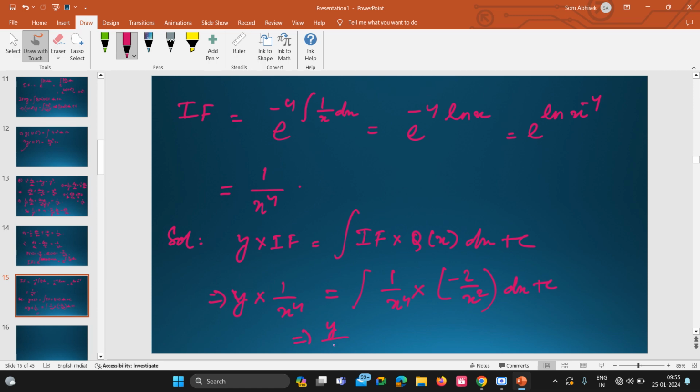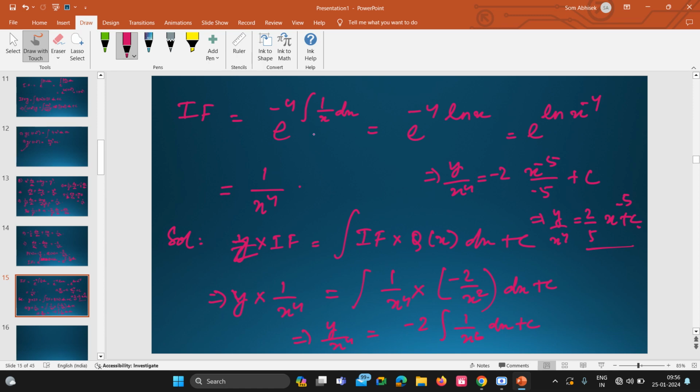So y by x fourth is equal to minus 2 times the integral of 1 by x sixth dx plus c. That is minus 2 x to the minus 6 dx, that is x to the minus 5 by minus 5. So y by x fourth is equal to 2 by 5 x to the power minus 5 plus c. That's the answer.